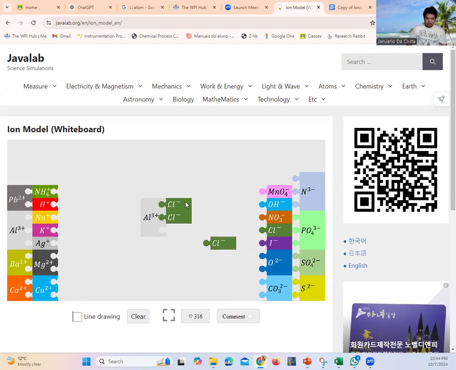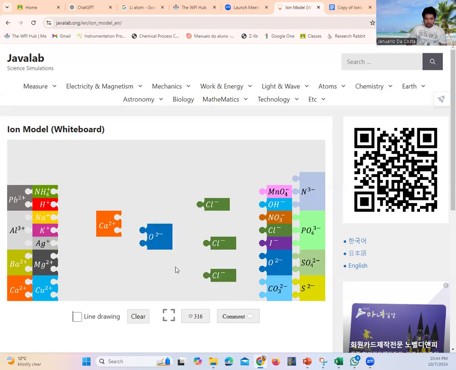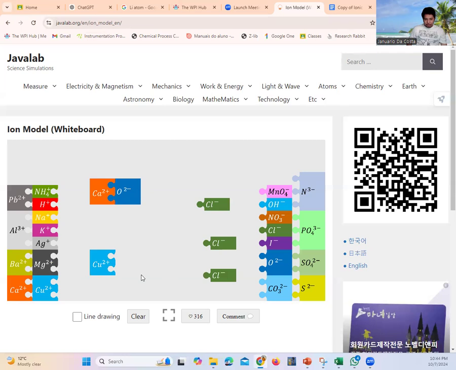All right? Okay, for example, if calcium is positive 2 and it bonds with oxygen, the charges balance. Now, for example, bonding between copper and nitrogen. Copper with nitrogen, okay?